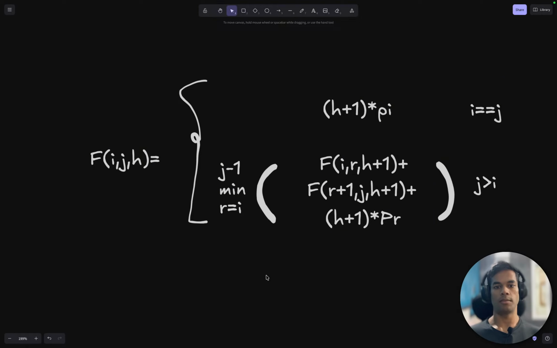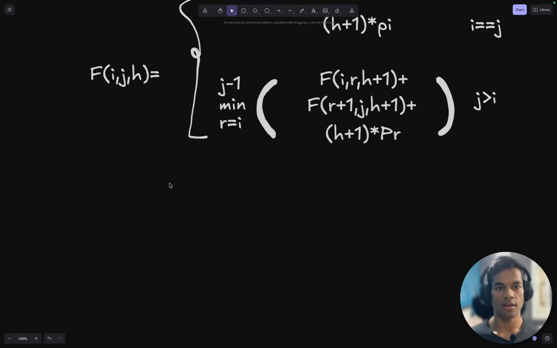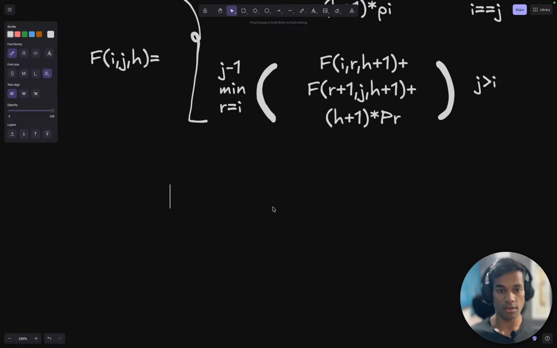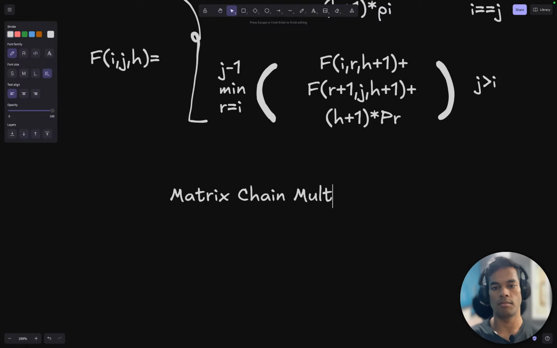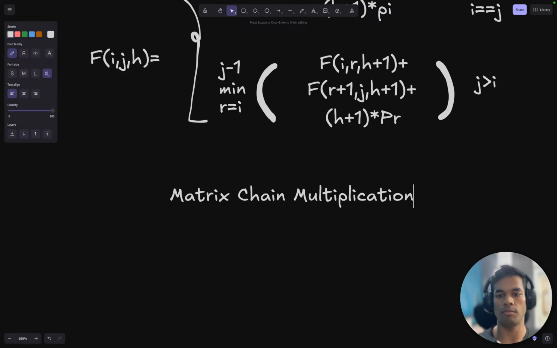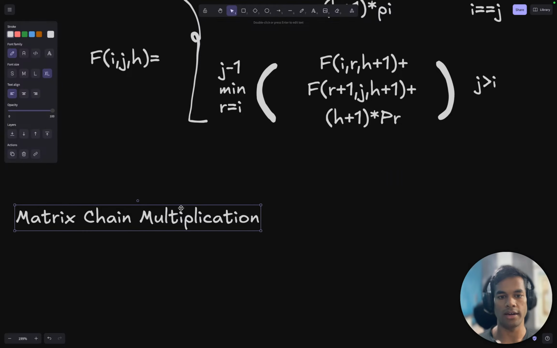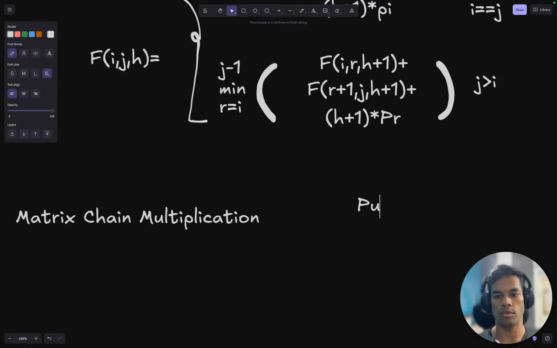And I just remembered something, that the matrix chain multiplication problem can be boiled down to putting brackets.